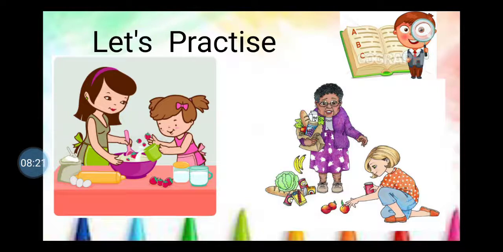Mother is preparing a sweet dish for the children. She has kept all the ingredients on the table. Her little daughter Marianne is helping her by pouring milk in the bowl of the pudding.